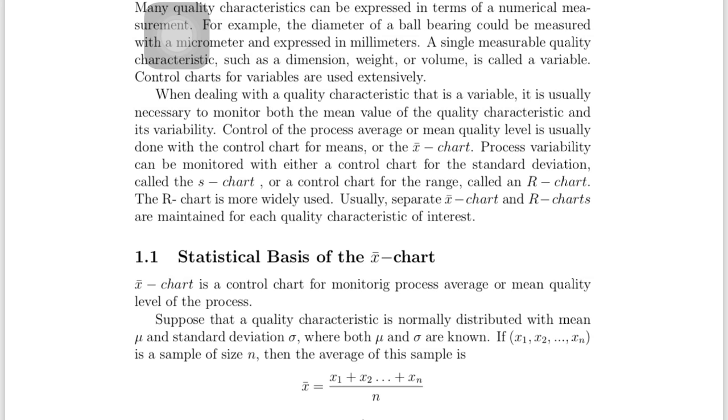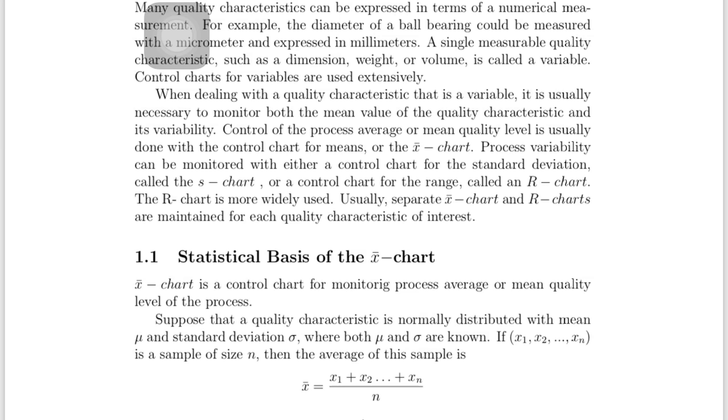Now we shall discuss the statistical basis of X bar chart. X bar chart, as I have already argued, is used to monitor process average or mean quality level of the process.